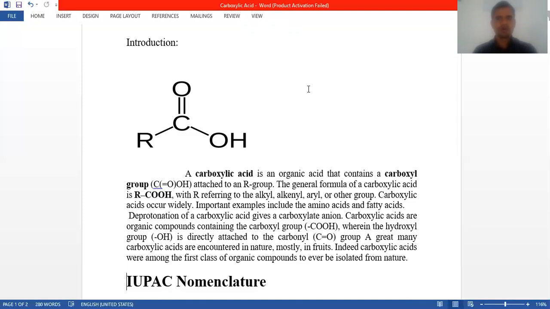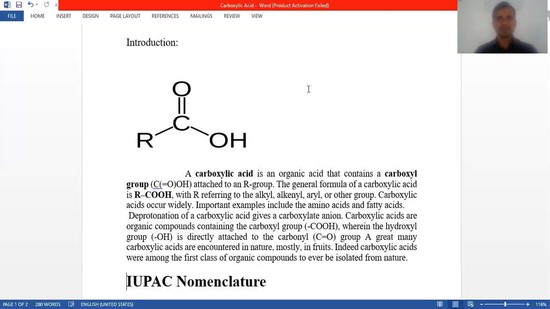First, see which functional group is present in the carboxylic acid. The name of the functional group is carboxyl group. This carboxyl group contains COOH, that is, the presence of 2 oxygen atoms and 1 hydrogen atom. So it is divided into 2 groups, one is the carbonyl group and one is the hydroxyl group.